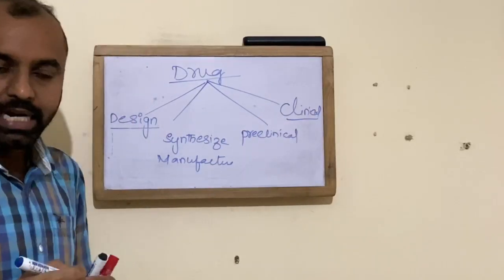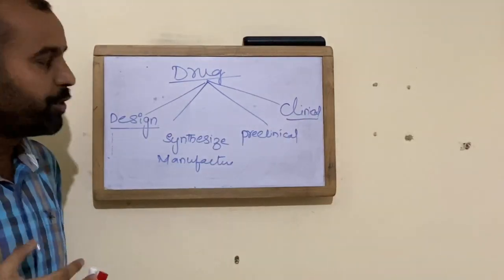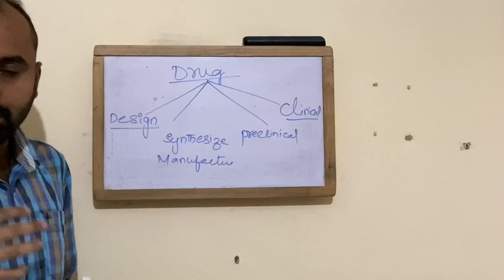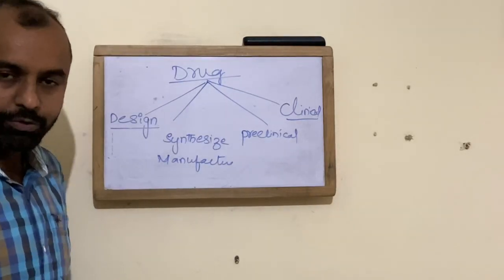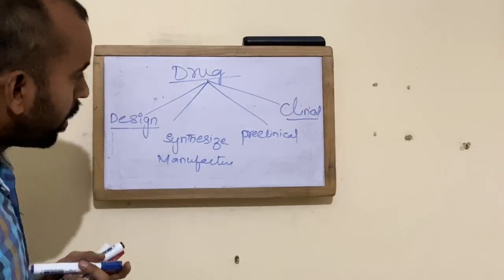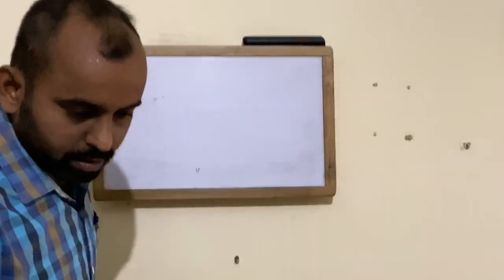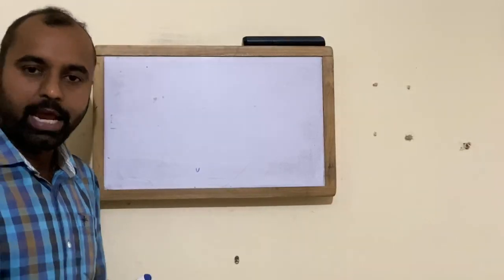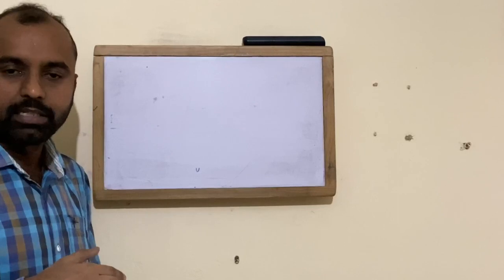So the clinical studies will tell you how safe and how effective the drugs are to the population. Let us see the stages of clinical trials. So I will explain the stages of clinical trials in your next lecture, that is tomorrow.